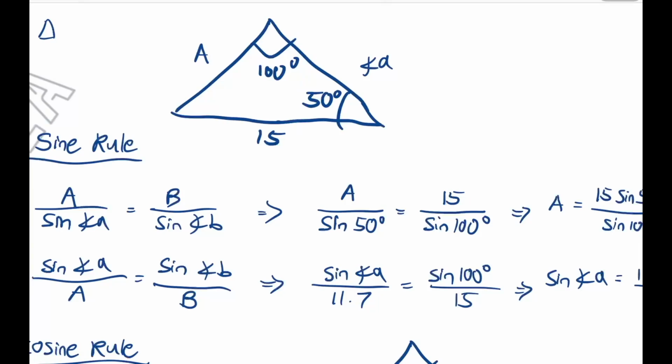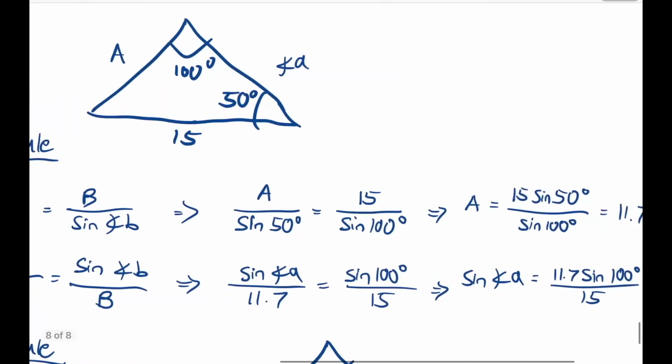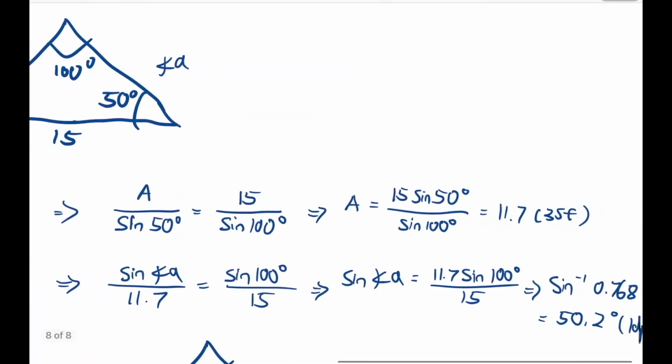So very conveniently, A is my angle A, so sine 50, length B, and then my sine 100 degrees because this is my angle B. And then how I'm going to get my length A is by solving for A. So what we'll do next is throw your sine 50 upwards.